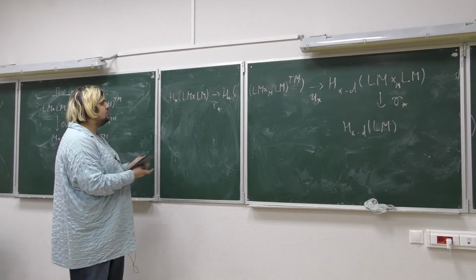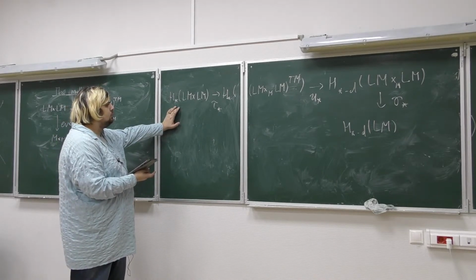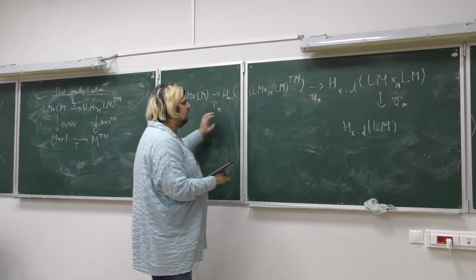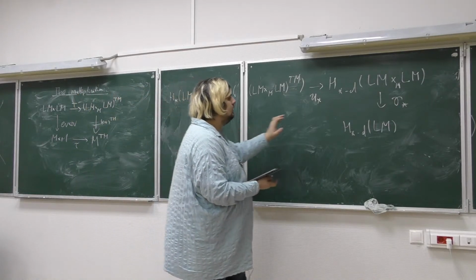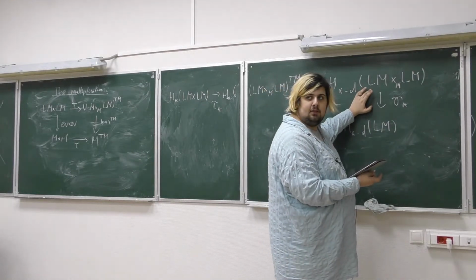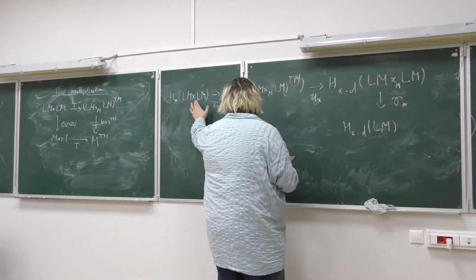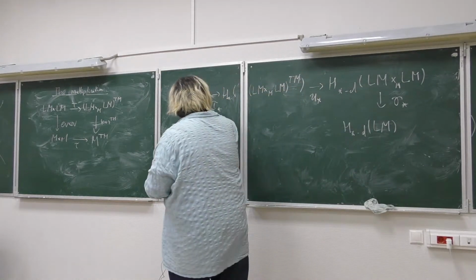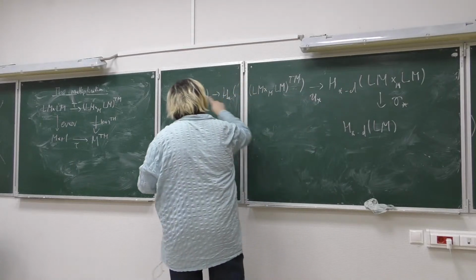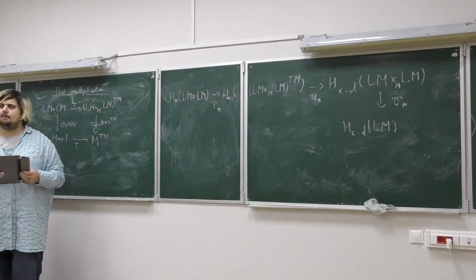So another interpretation is that we take a cycle here, we intersect it with this submanifold which has codimension d inside of this product. So that's another interpretation of this arrow here. Okay, does everyone understand what has just happened?